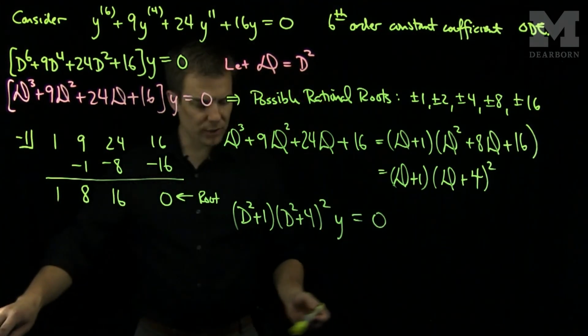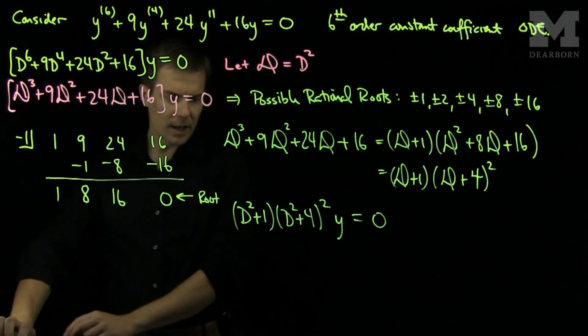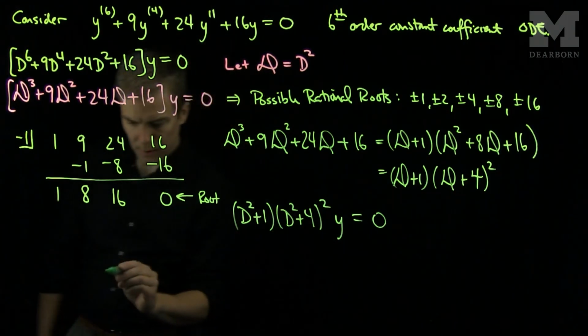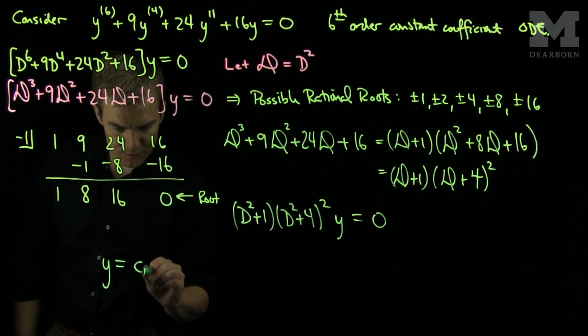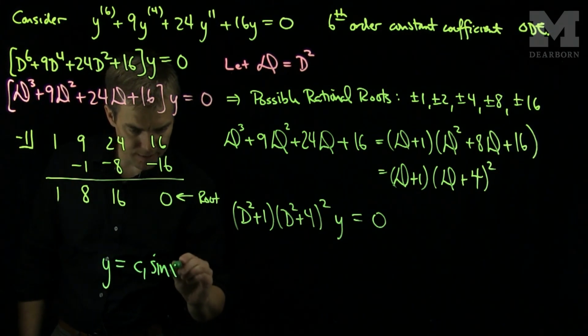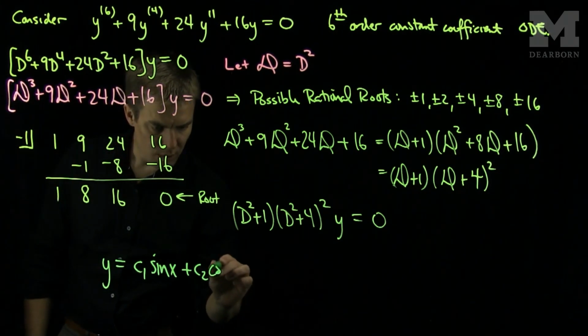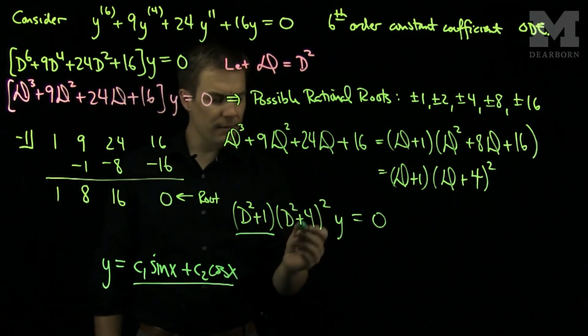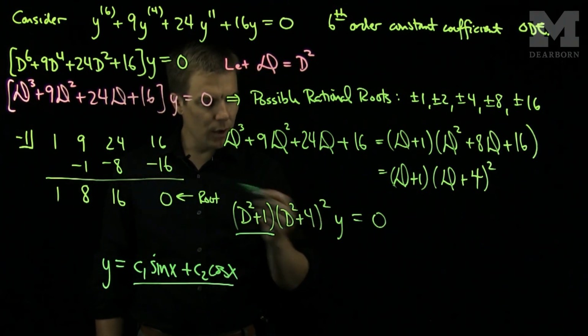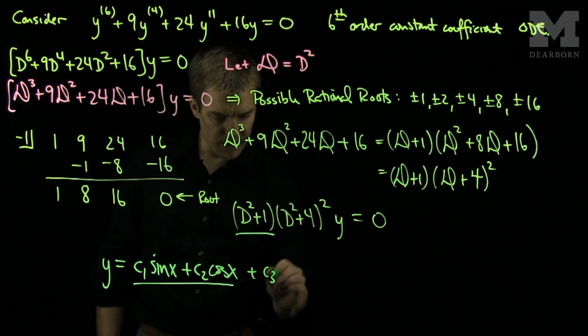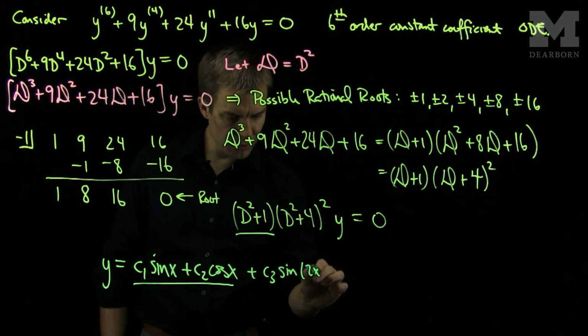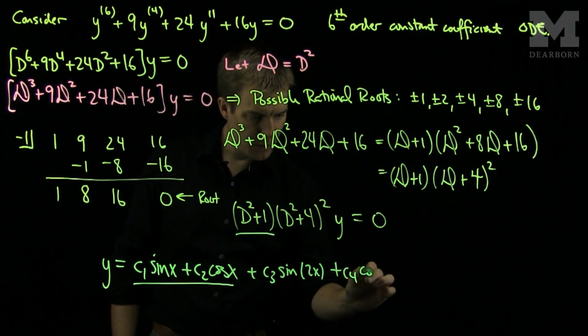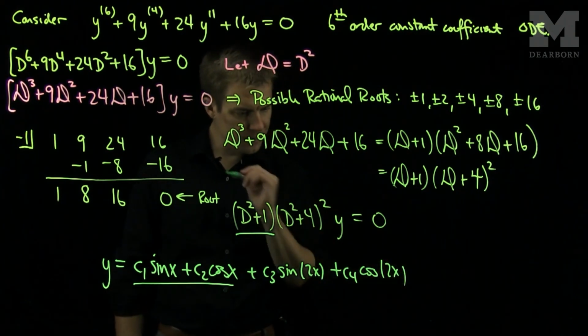The D squared plus 1 term gives us roots plus or minus i, so I will have y equals c1 sine x plus c2 cosine x from this term. Then I will have sine of 2x and cosine of 2x, so c3 sine of 2x plus c4 cosine of 2x.